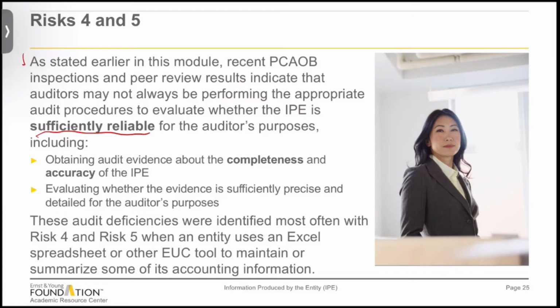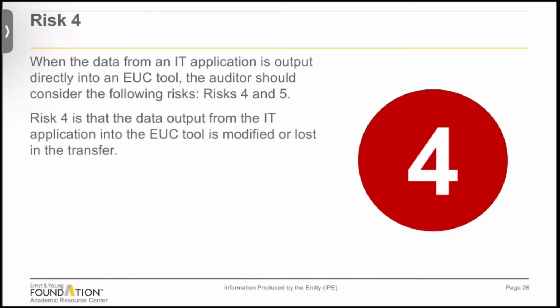So when an entity uses an Excel spreadsheet or other EUC tool to maintain or summarize some of its accounting information, to reiterate, when the data from an IT application is output directly to an EUC tool, the auditor should consider the following risks, risk 4 and 5.